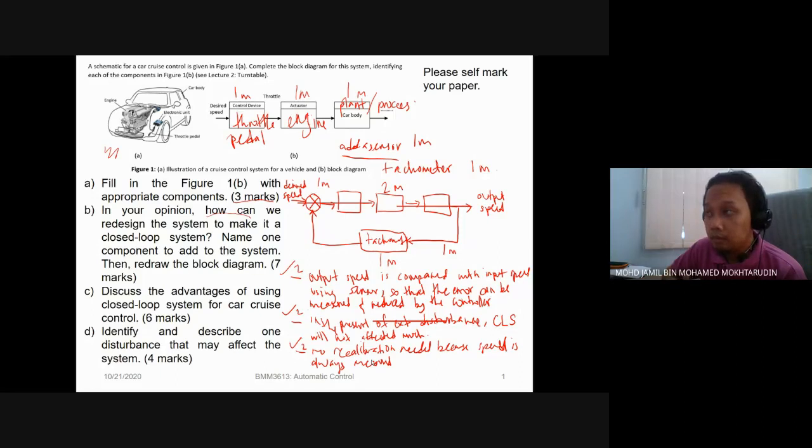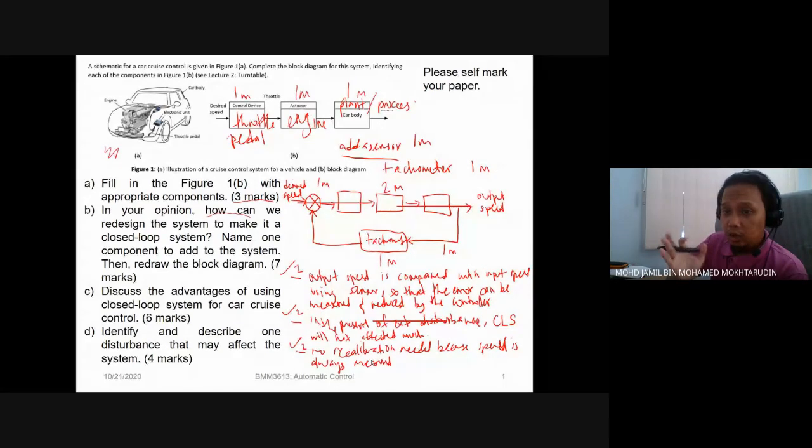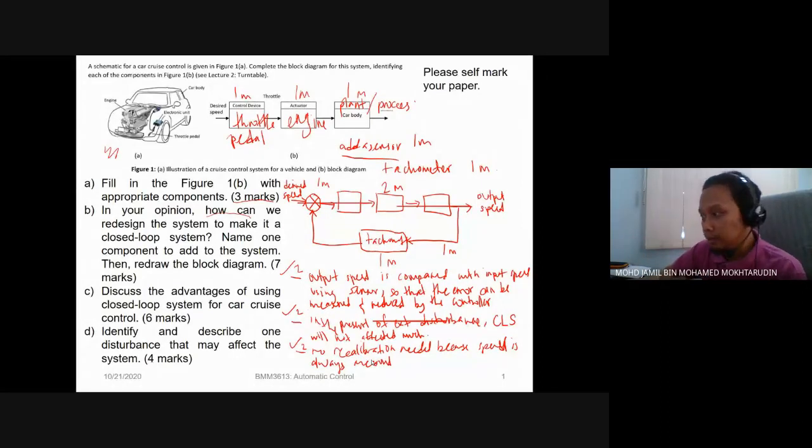Okay, so you tak nak lah kereta awak tiba-tiba suddenly bila tekan pedal dia gerak tanpa measure, rupa-rupanya dah 200 km per hour. So you don't want that to happen. So that's why you have sensor to measure that and will be indicated by the tachometer dekat dashboard tu. So that is the first point. Okay.